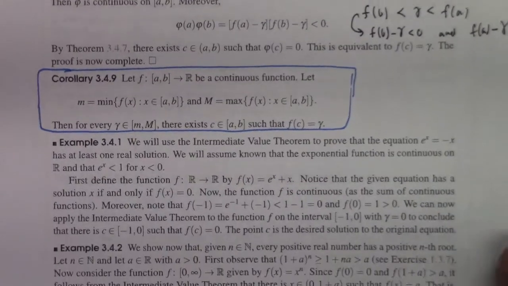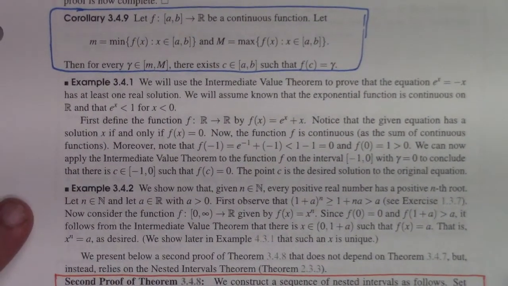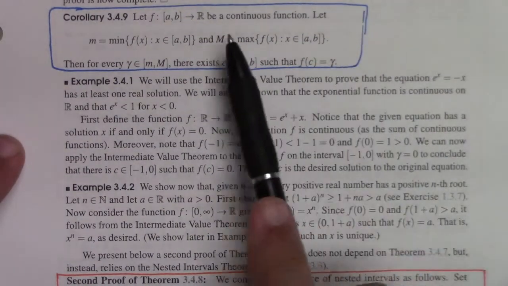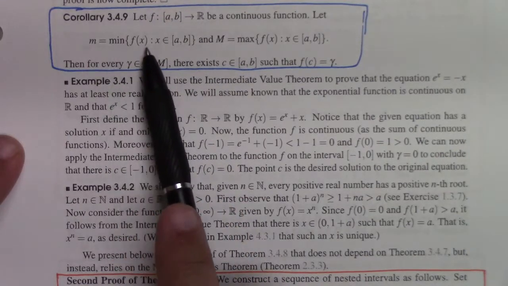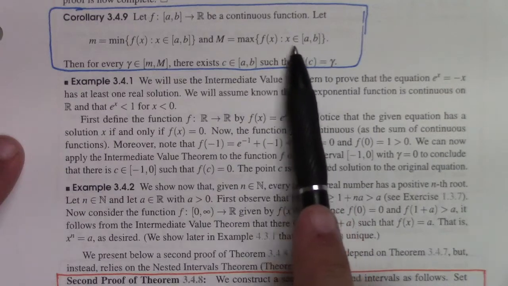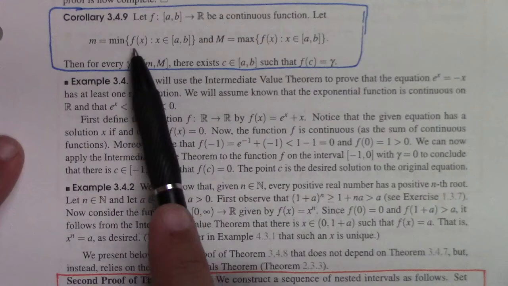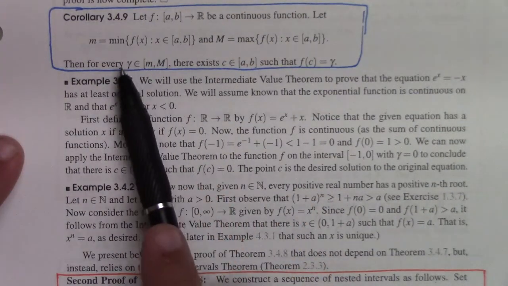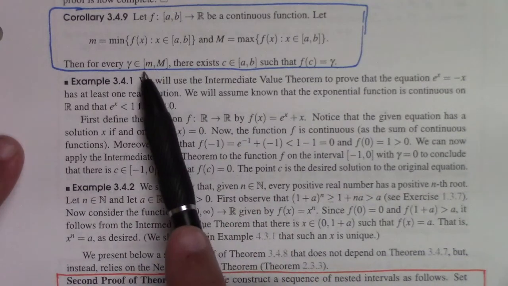Cool. All right, corollary 3.4.9. Let f be a continuous function on [a, b]. If m is the minimum and big M is the maximum of f of x, values taken from [a, b], we know these exist by the extreme value theorem. Well, this says more. In fact, every intermediate value between your min and your max is also attained.